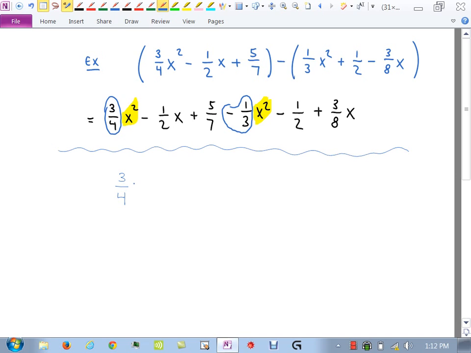3/4, I'm subtracting 1/3. How do I do that? Everyone has learned different ways of doing it. I don't care which way you do it as long as it's right, but I will show you 2 different ways of doing it, all right? One way is to find the LCD, which in this case would be what? 12. And what you want to do is make both denominators 12s. So you isolate all your attention onto the 3/4 and you say, okay, make that 4/12.